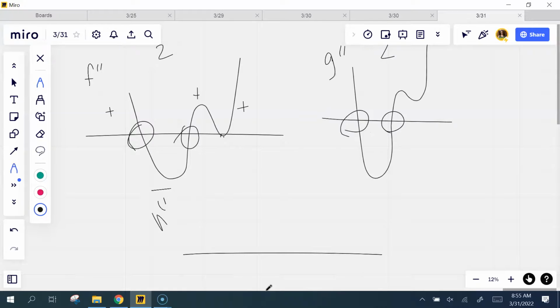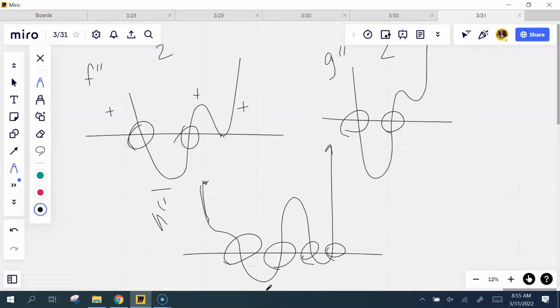So H was funky, but H did something like this. And it crossed through, but it barely crossed through, so you really had to look carefully. So it had 1, 2, 3, 4 points of inflection for H. So it asked exactly 2 points, so it's only f and g. Even though H looked dangerously close to the others, it did dip down and cross that x-axis.